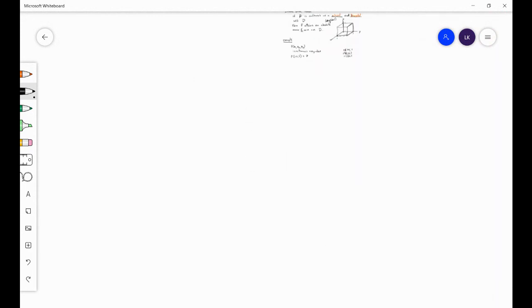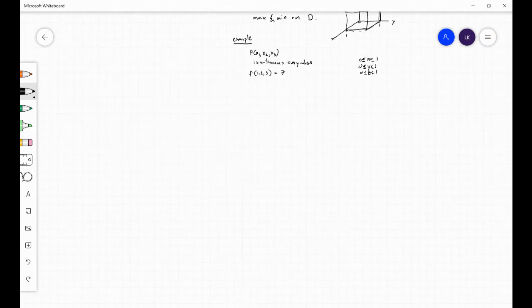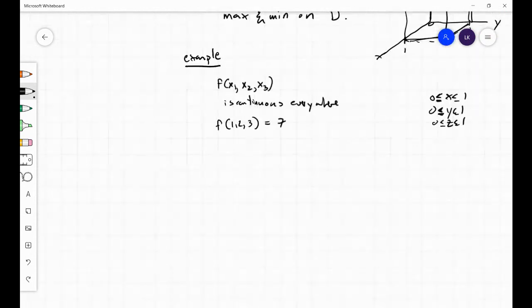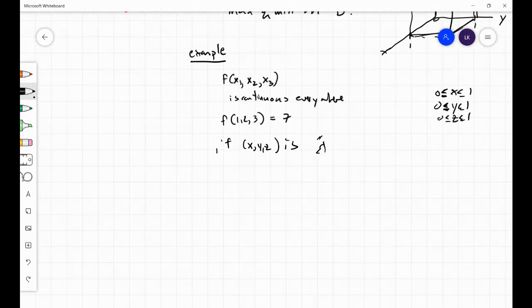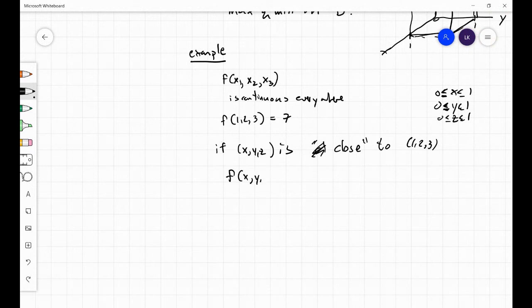Continuity says that if the point x, y, z is close to the point (1, 2, 3) in the domain, then if you evaluate your function at that point, the value has to be close to 7.